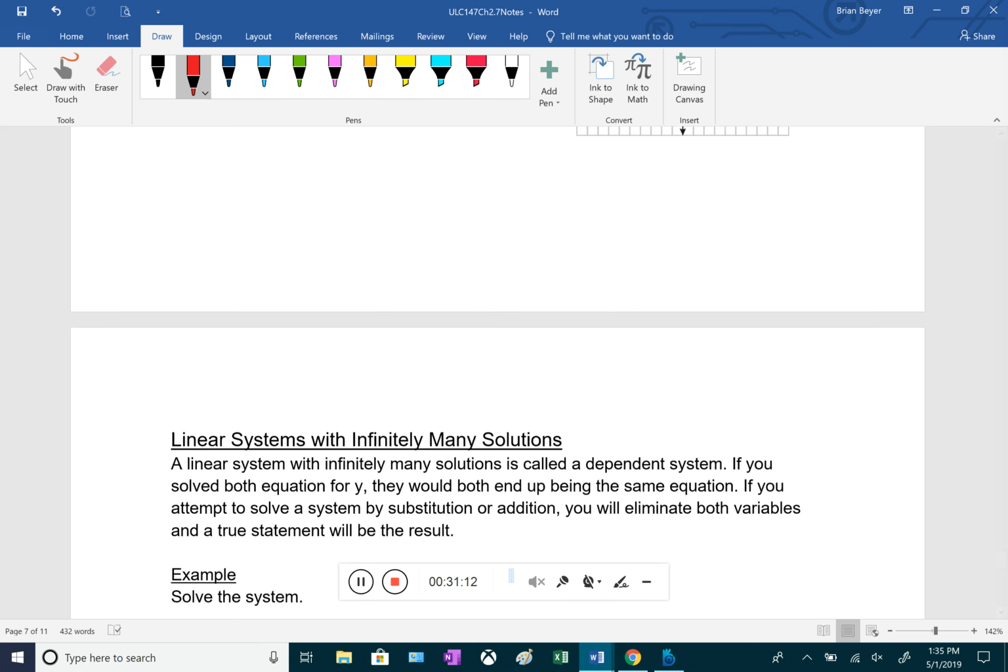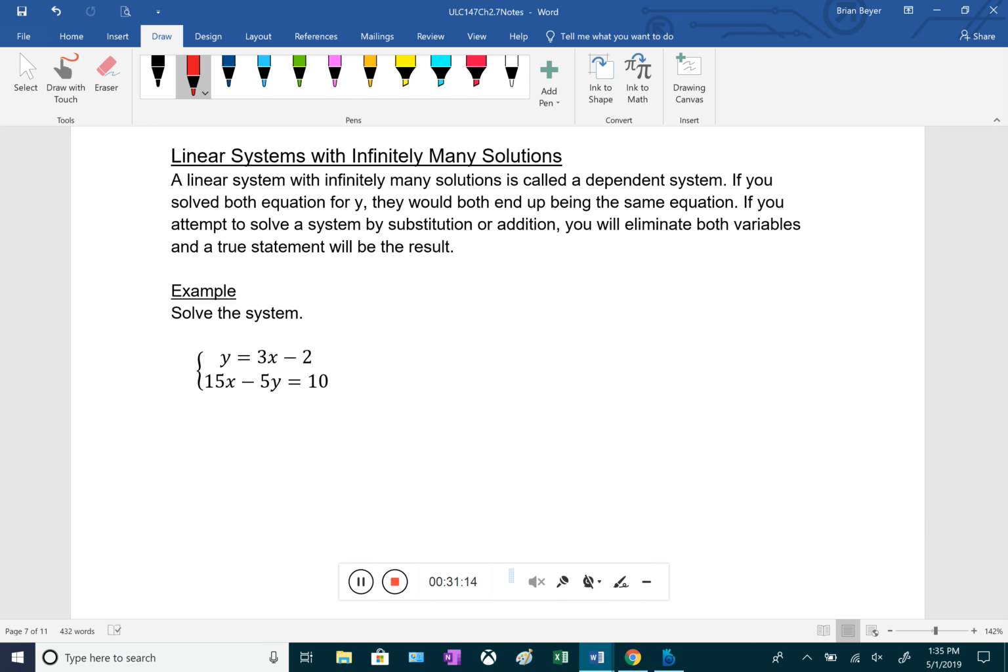Okay, one more thing here: linear systems with infinitely many solutions. A system with infinitely many solutions is called a dependent system. If we solved both of these equations for y, they would actually be the same exact equation.